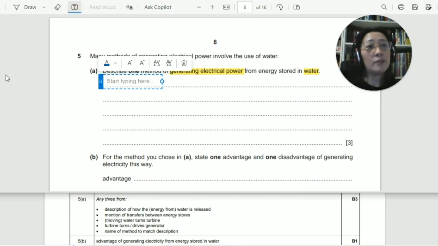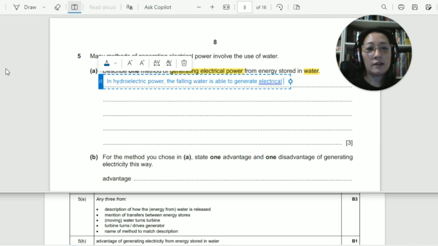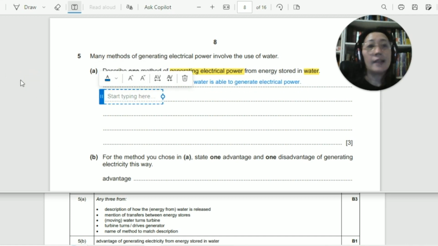First of all, I'm going to mention hydroelectric power because that's the name of the method. In hydroelectric power, the falling water is able to generate electrical power. Next, I'm going to talk about the transfer of energy stored.